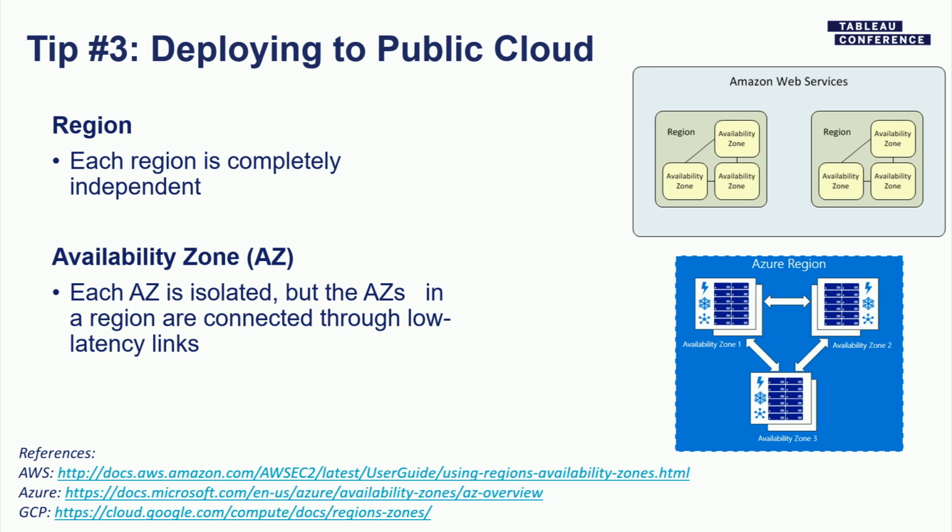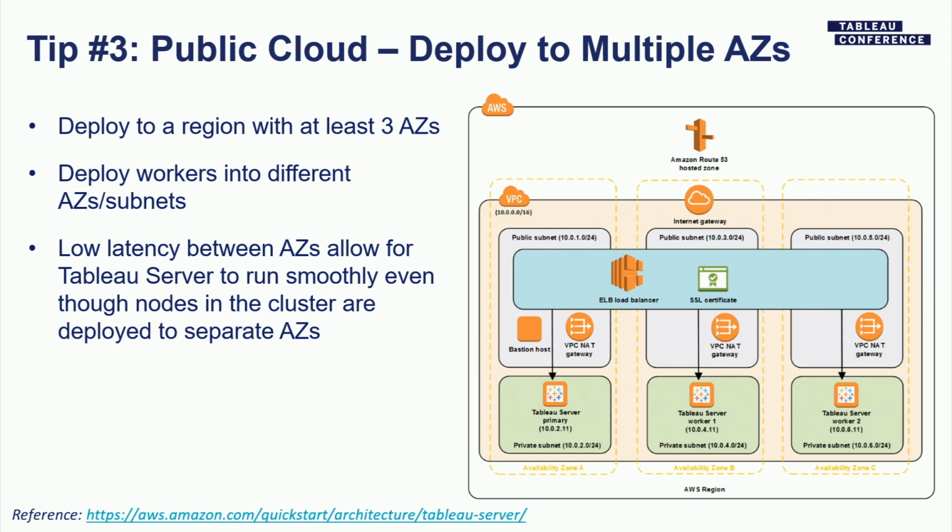So if you want your deployment to be highly available, you want to deploy to different availability zones and not necessarily different machines in this case. So what does it mean for Tableau Server? You want to deploy Tableau Server to multiple availability zones, and you want to deploy to the regions which have at least 3 availability zones.